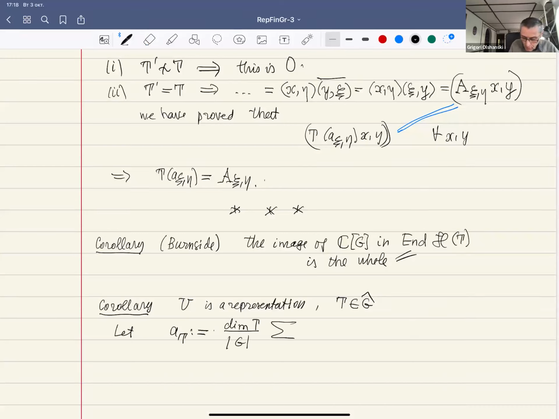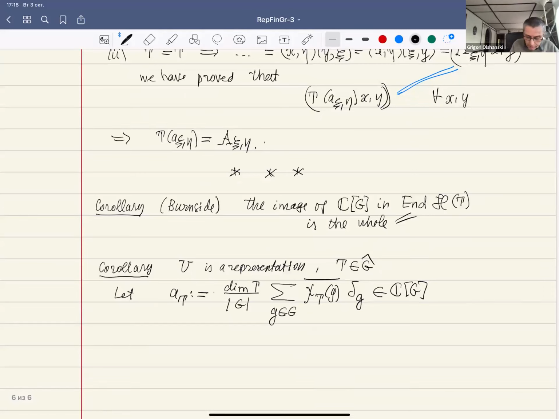The sum, the character, and so this is an element of a group algebra. So this is the definition.